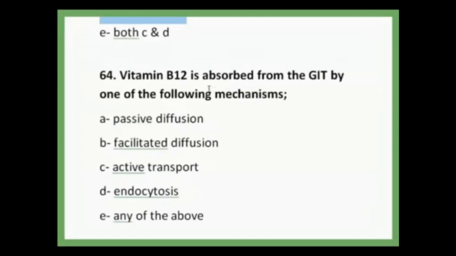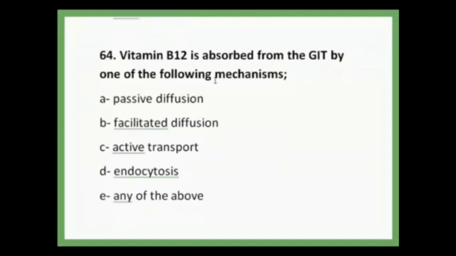So for the absorption of such molecules, from the previous MCQ, the answer is endocytosis. It is through endocytosis that vitamin B12 is absorbed from the GIT.